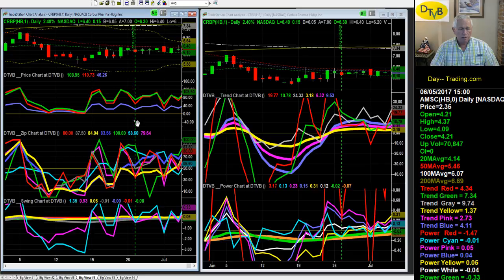However, when you get over to this side where the green vertical line is, you have zip green highest. It's actually not at 100, it's at 89.99, so it's basically at 90. And zip Zion is right next to it. Pink is way down.